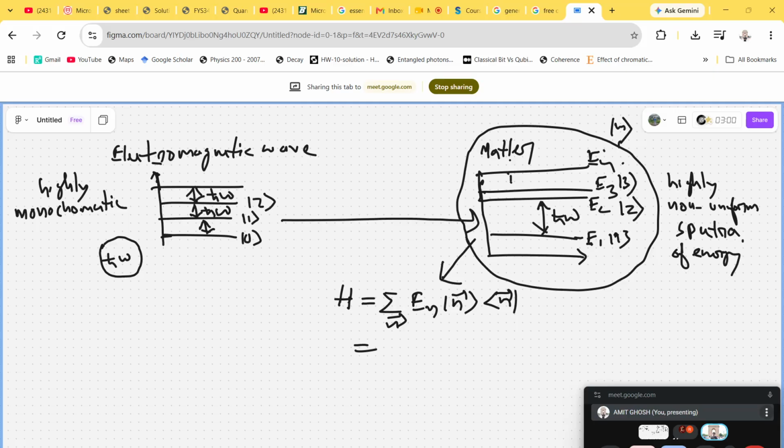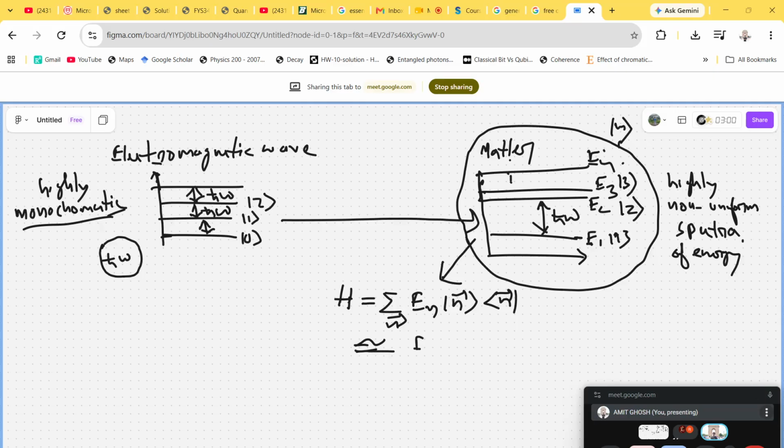Only those energy levels that have an energy gap h cut omega will interact with the incoming light that has frequency omega. So even though you have many levels here, as your incoming light wave is monochromatic, it has a single frequency omega.